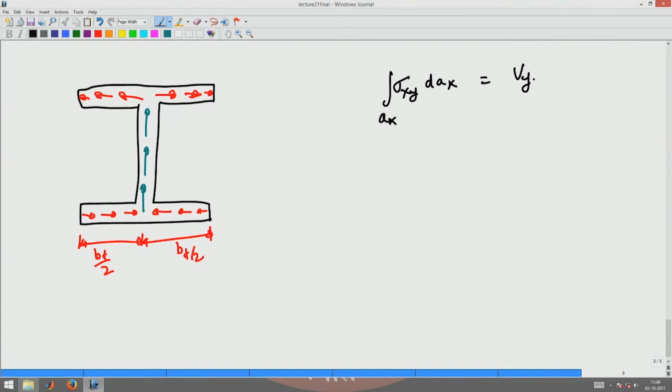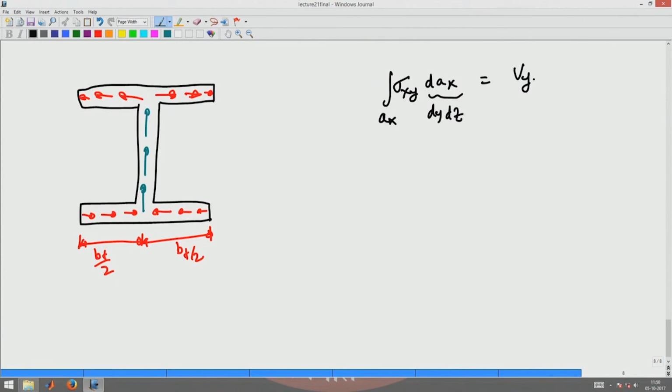I am not going to show it in this course, but you can integrate the expression we got for sigma xy, with dAx as dy dz, and you will see that it leads to Vy. So the first equilibrium is satisfied.